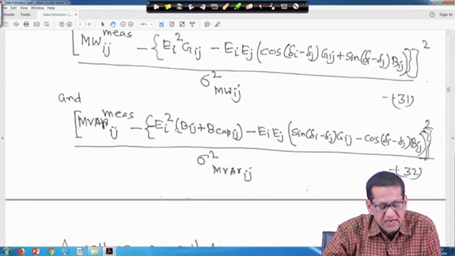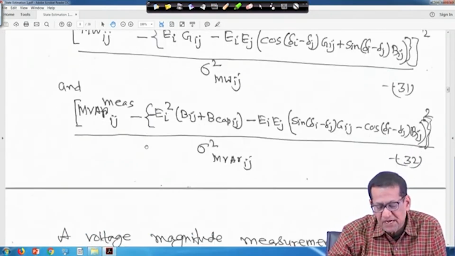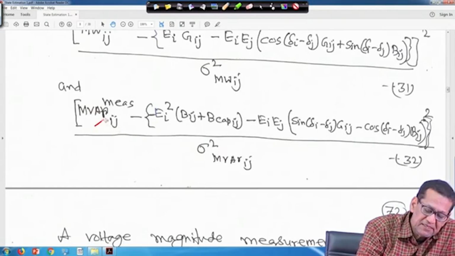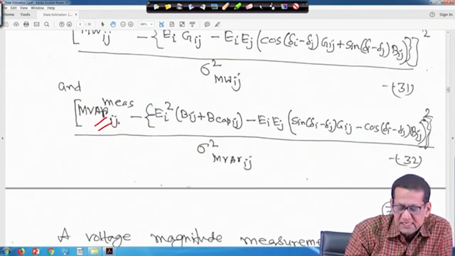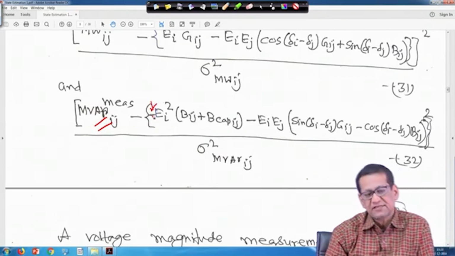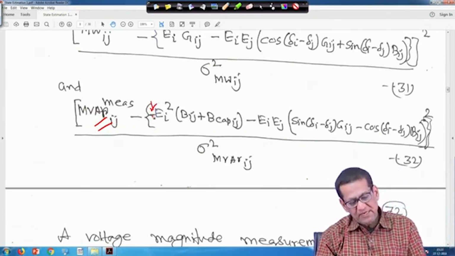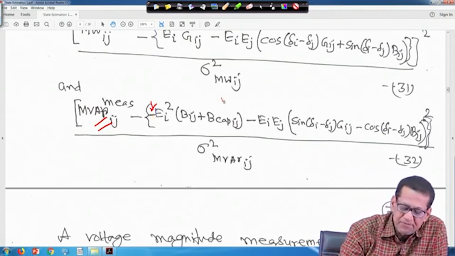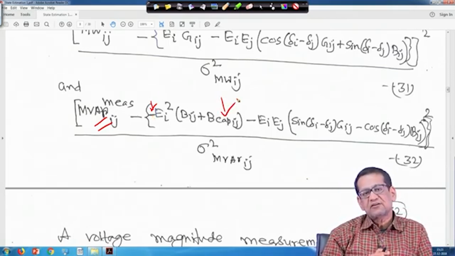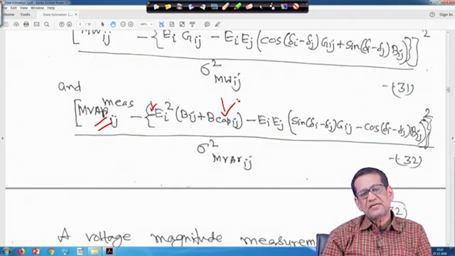Next, similarly, if it is a megavar, then it is megavar Ij, that is your measured value, minus, in bracket, minus Ei square Bij plus B cap Ij, because for line I and j you have the charging capacitance, that means you have the charging susceptance, and that also needs to be taken care of.